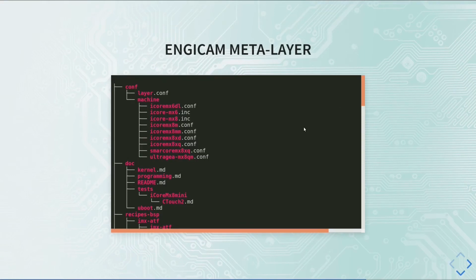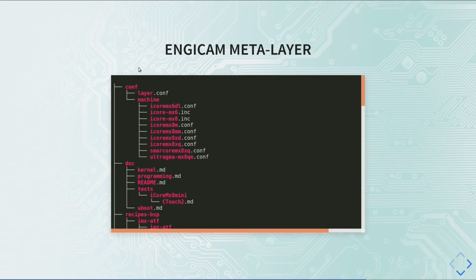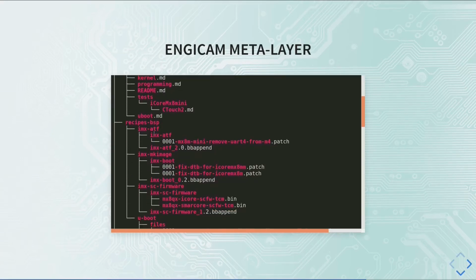Here is an example of the structure of the Engicam meta layer. What you need to remember is that the Engicam meta layer has a configuration folder with all the configuration files for the different Engicam machines.